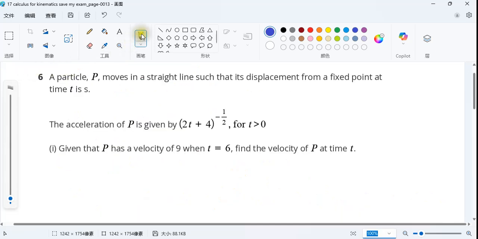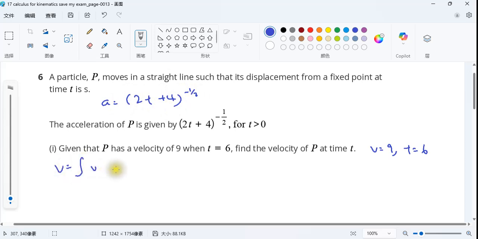Question number 6. Particle P move in a straight line. Displacement is as displacement from a fixed point at time t in a second. Acceleration of this. So P have a velocity of 9. So V equal to 9 when t equal to 6. So A equal to 2t plus 4 to the power negative half.